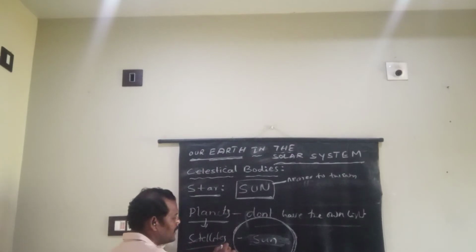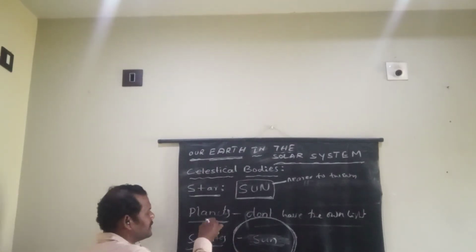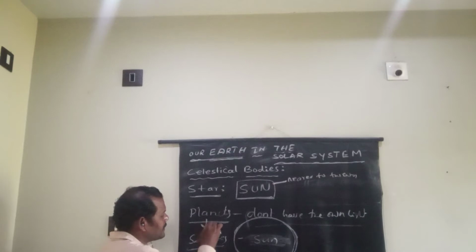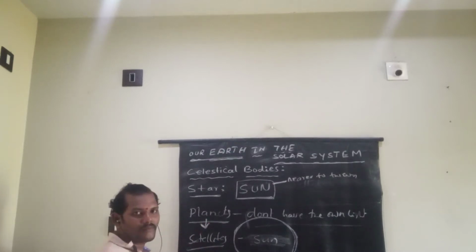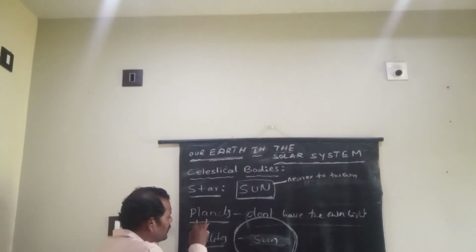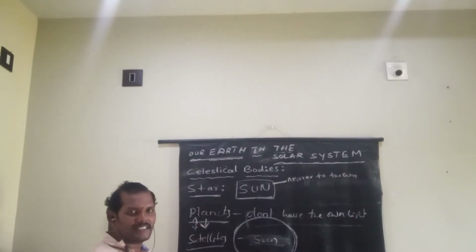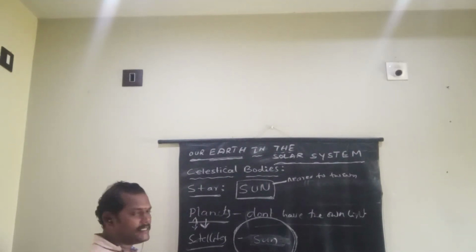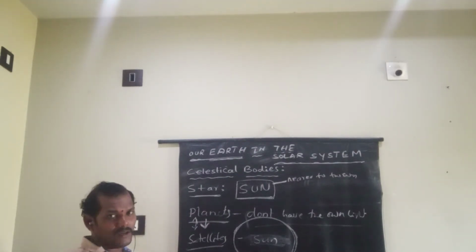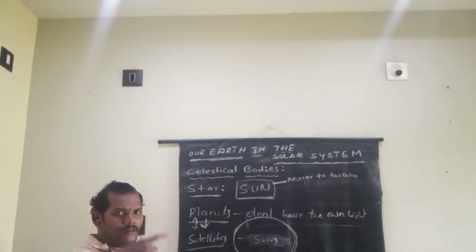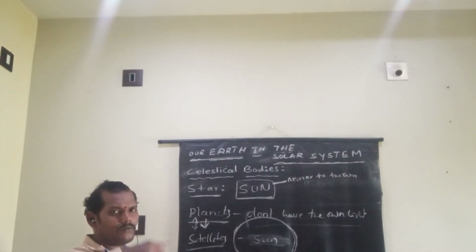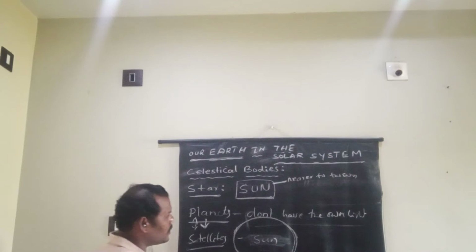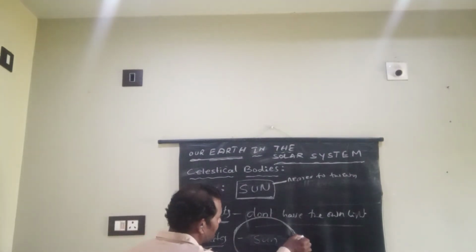That means the planets are also called satellites. But we will discuss the little difference between these two later. Right? For now, the satellites and the planets are the same. Both are revolving around the sun on their own path.